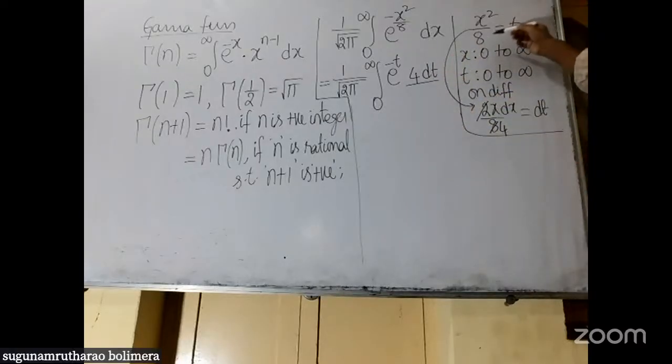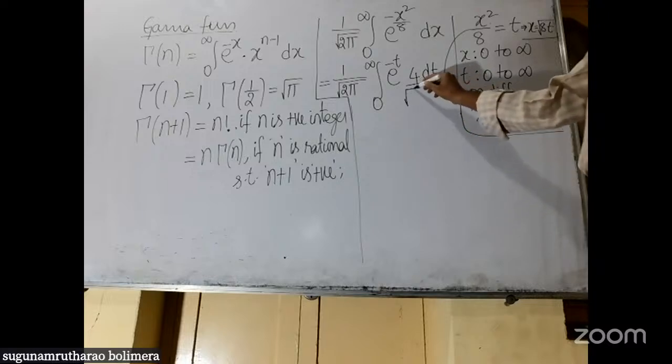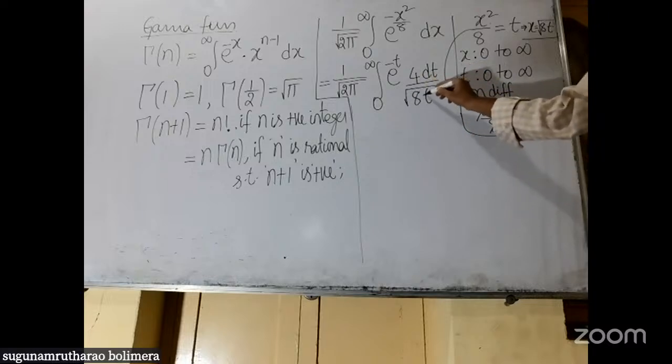If x square by 8 is t, then x will be square root of 8t.